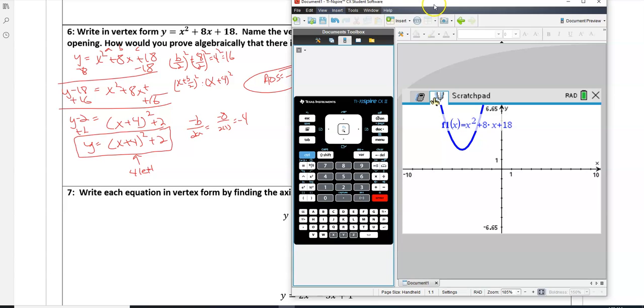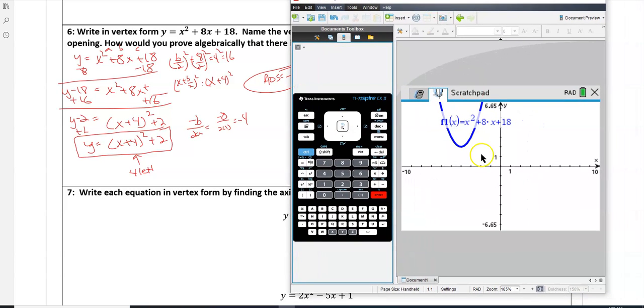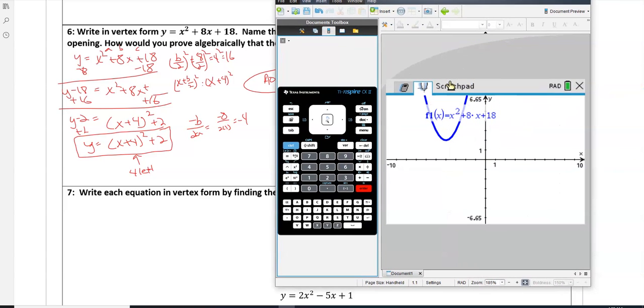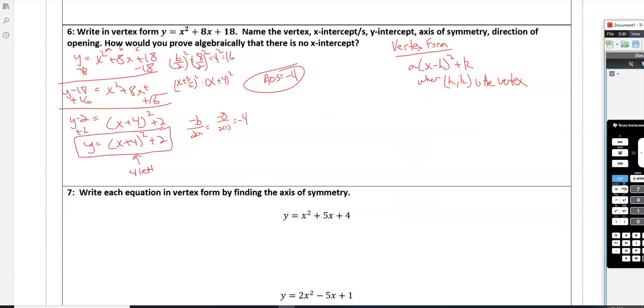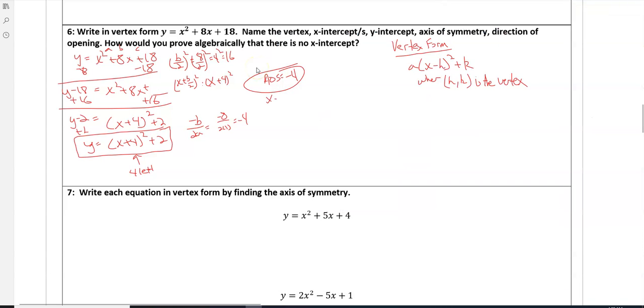Negative 4, 2. And my axis of symmetry is at negative 4 right here. I can't see my y-intercept. There are no x-intercepts, right? There is no x-intercept. The axis of symmetry is negative 4.